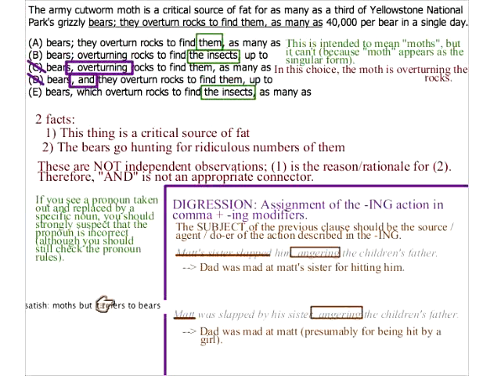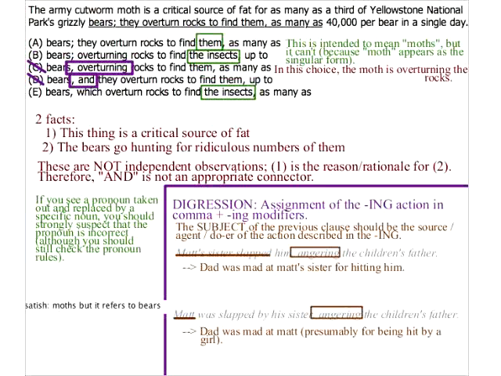When you think about a pronoun, what you should just do is say, what should it stand for? And can it stand for that? So what should this stand for? It's supposed to be moths. Moth is not plural, so you're done. There's no reason to look at bears. There's no reason to look at rocks. There's no reason to look at any other plural noun because the noun that you want is not there.